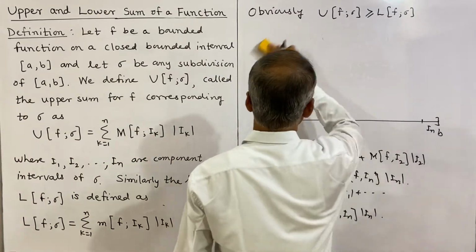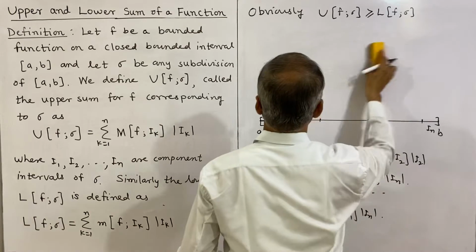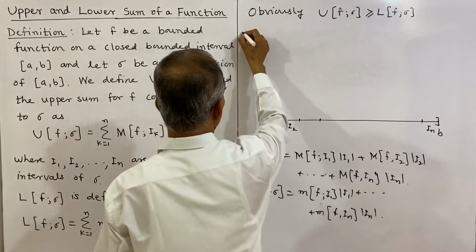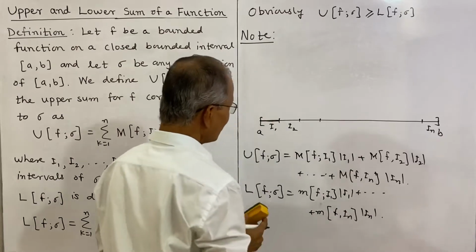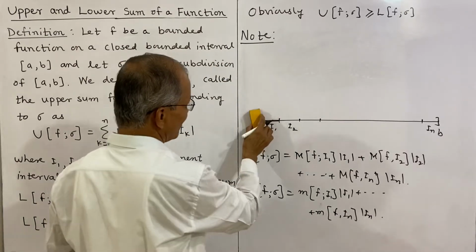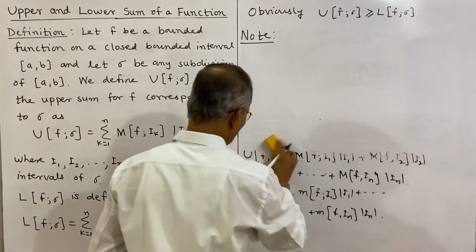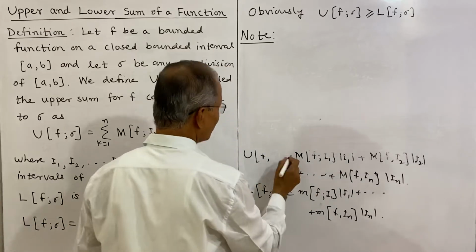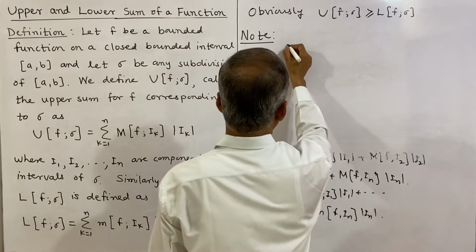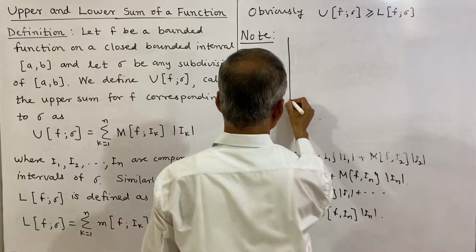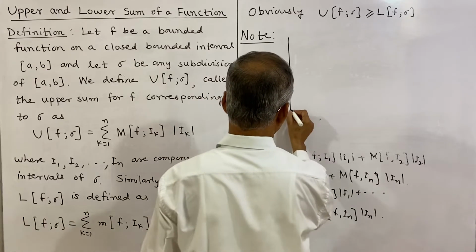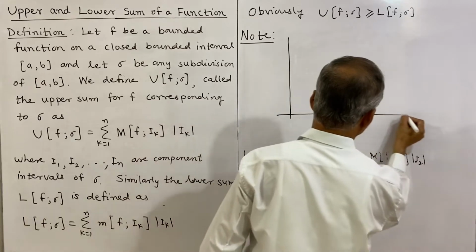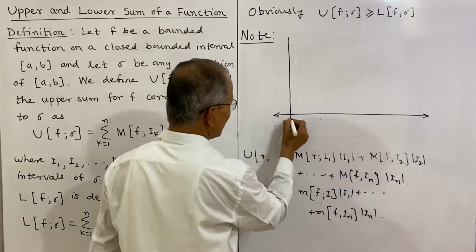Now we shall consider the geometrical meaning of this. We write it as a note or remark, and for that purpose we shall draw a figure. Suppose this is the function that we shall denote, the graph of the function.